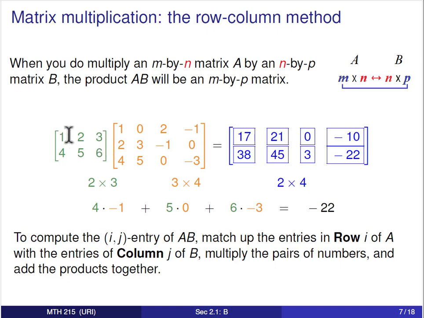We're taking the numbers from a row of A and a column of B, and the number of numbers in a row of A is exactly the same as the number of columns in A, and the number of numbers in a column of B matches the number of rows in B. And so for those two sets of numbers to pair up in this way, we need the two middle numbers to match up.